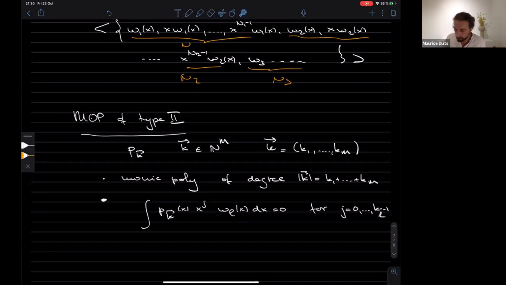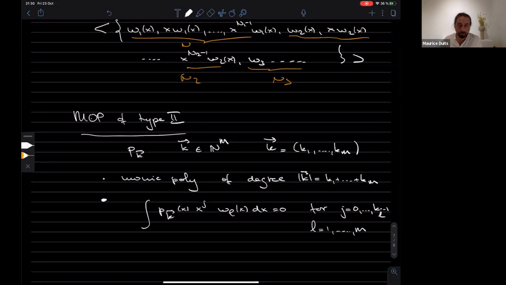There's an orthogonality relation with x to the j, and j runs from 0 to k_l minus 1. So these are these indices. And then we have this for all weights, l is 1 to m. Okay? So there is a bunch of linear relations here on the coefficients of the monic polynomial.